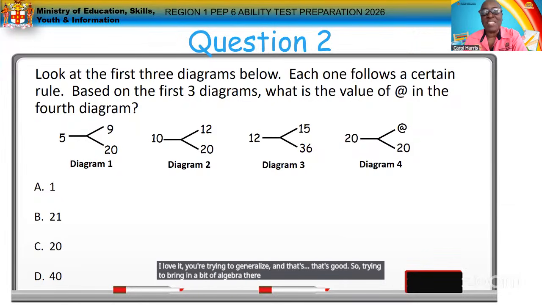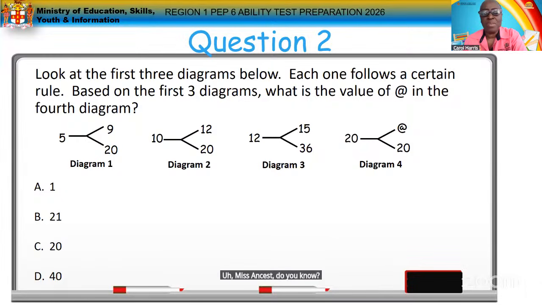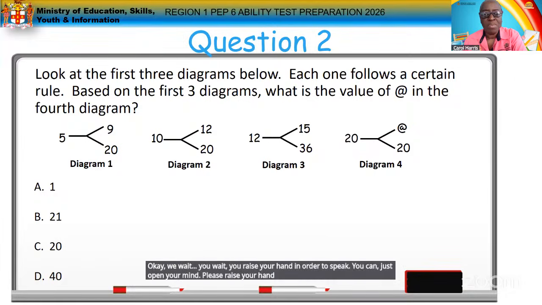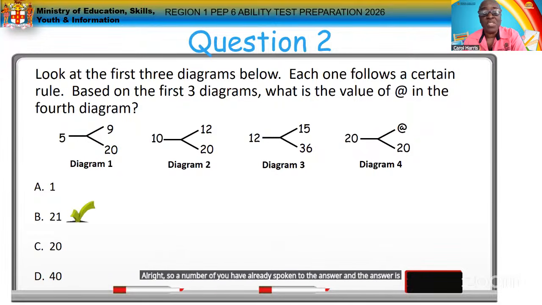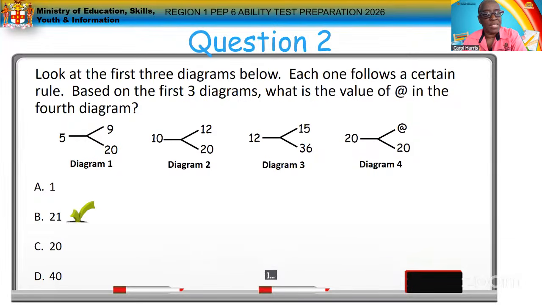But Miss, answer is D. Okay, you raise your hand in order to speak. You can't just open your mic. Please raise your hand and we will identify you. Go ahead, Miss. All right, so a number of you have already spoken to the answer, and the answer is indeed 21. So let's not talk. So how did we arrive at our 21?